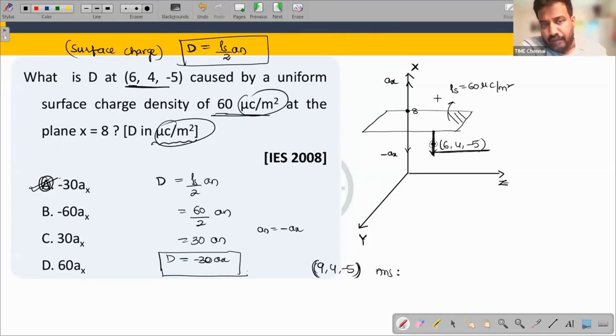The point is 9 comma 4 comma minus 5. It will be beyond the plane like this. Then the normal from the surface will be this. The normal will be along AX. So now in this case, AN would be equal to AX.